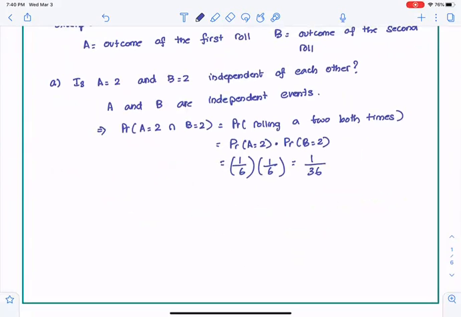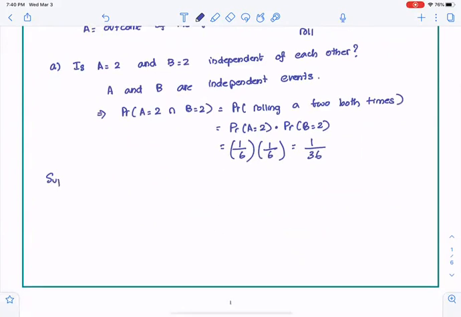How would we go about extending this to more than one event? Suppose A1, A2, A3, all the way up to AN are independent events. In other words, the occurrence of one event doesn't affect any of the others, and vice versa. They don't have any connection whatsoever.